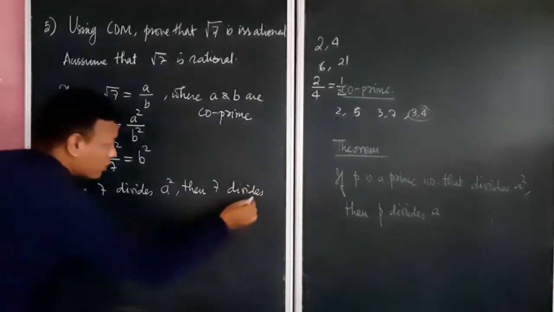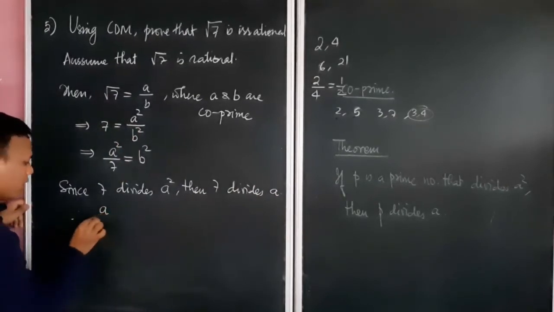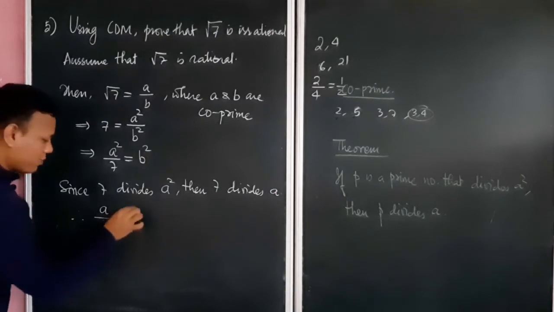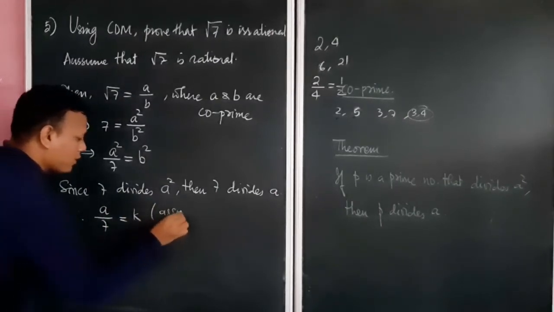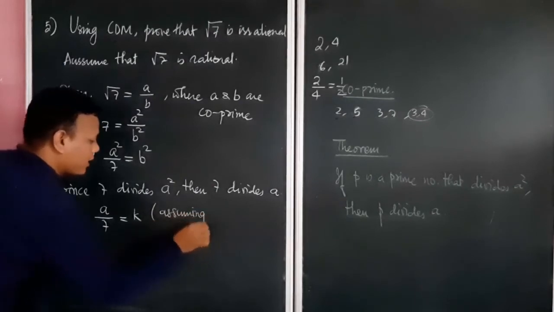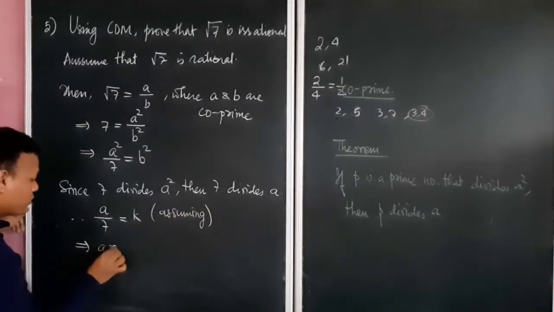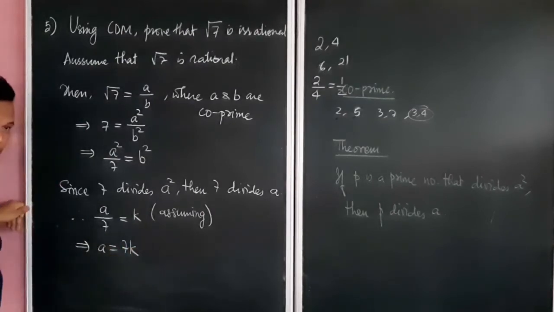Using that theorem. So if I divide a by 7, then I'll get some number. Let me assume k. So I am assuming that after dividing I am getting k. So from here, what is the value of a? a turns out to be 7 into k, that is 7k, right?